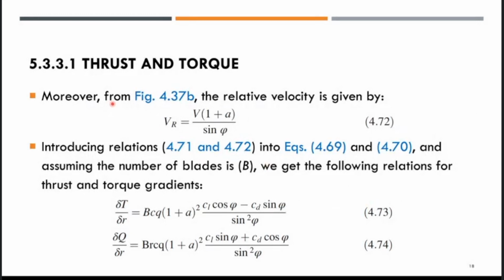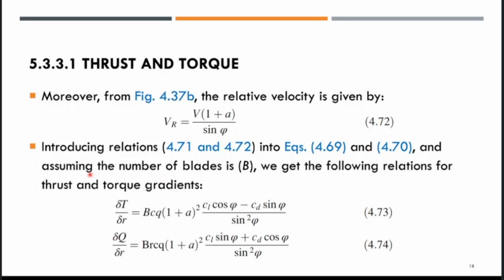And moreover, from figure 4.37b, the relative velocity VR is given by equation 4.72, right? We can then introduce the relations between equations 4.71 and 4.72 into equations 4.69 and 4.70 that we have already shared in the previous slides.